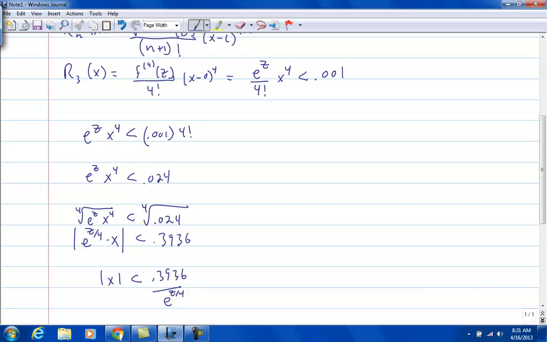Now, what is the biggest that this e to the z over 4 can become, given where we're working?